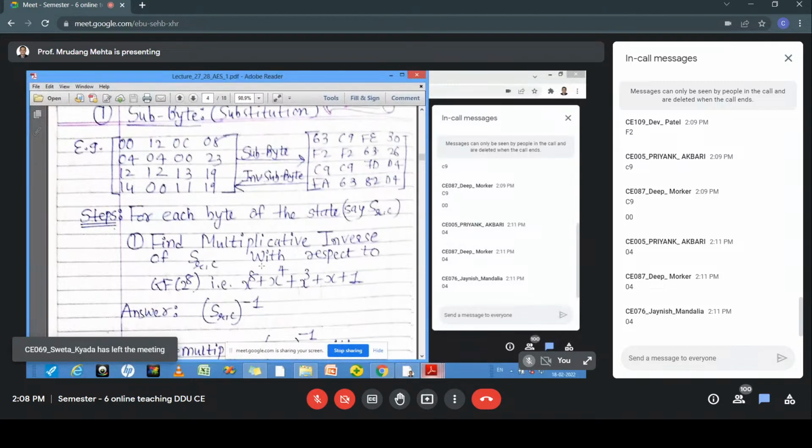This is a Galois field 2 raised to 8, and it uses the polynomial x raised to 8 plus x raised to 4 plus x cube plus x plus 1.